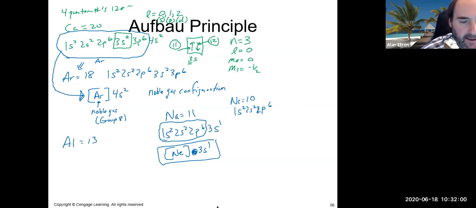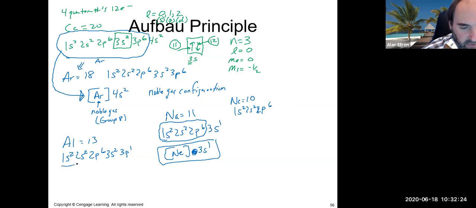Okay, so let's see. We'll start with the regular electron configuration. That's going to give us 1s2, 2s2, 2p6, and 3s2, and aluminum will take us to 3p1 in this case. So that should be the electron configuration for aluminum.